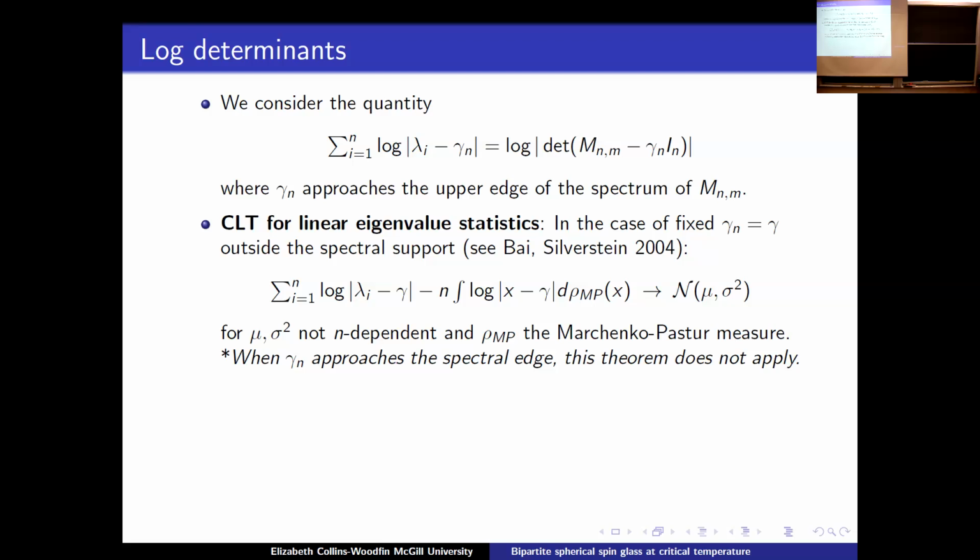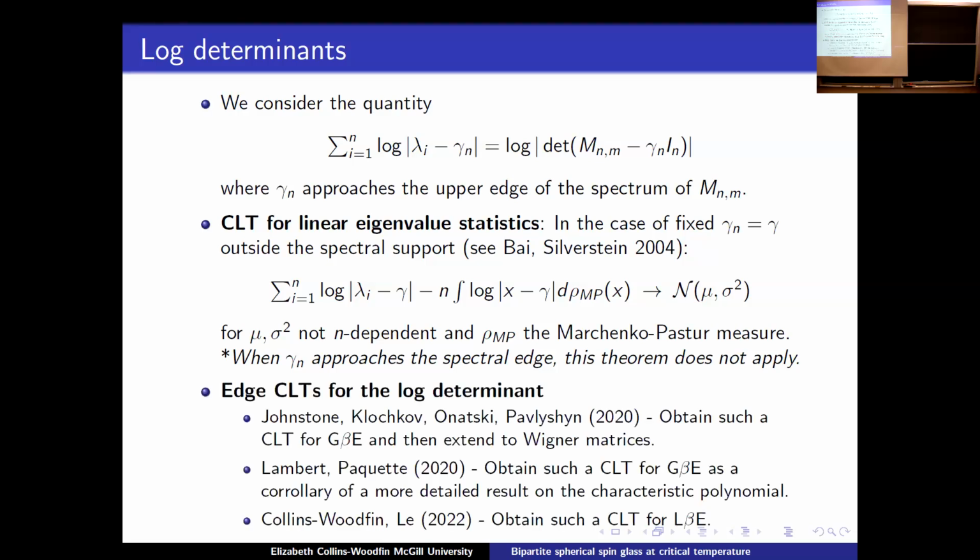So this is a known result, but it doesn't apply in the case that we're looking at, because we now have this gamma n approaching the spectral edge, and so we have certain terms that are going to give a much larger contribution.